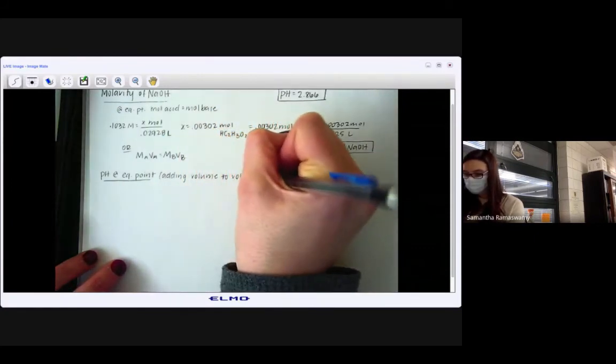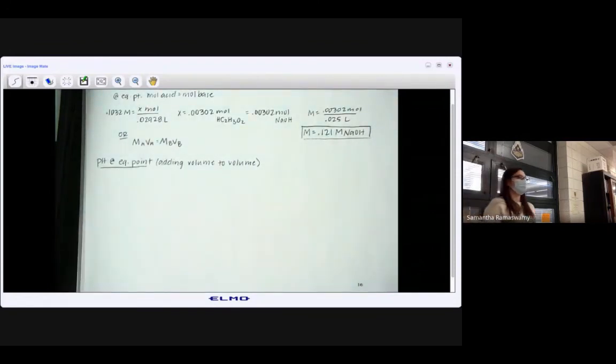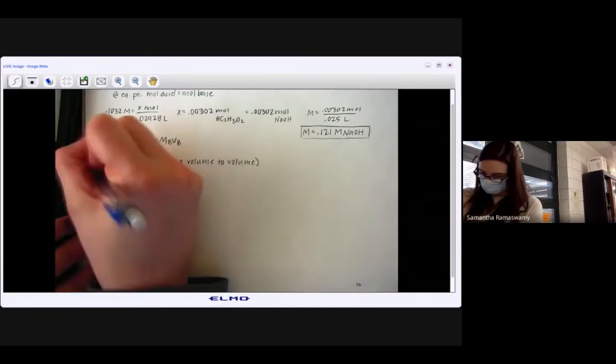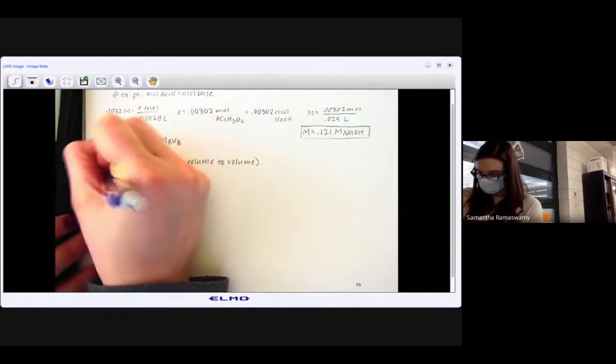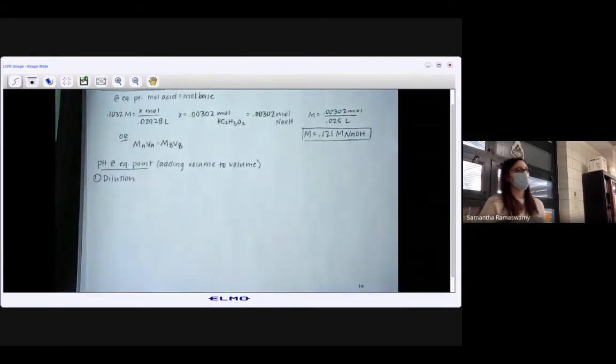What that means is we're adding two solutions together. When you're adding two solutions together and you are trying to find the pH, you have to go through the 3 steps. So the first is taking into account the dilution. What does the molarity of acetic acid become? What does the molarity of NaOH become?